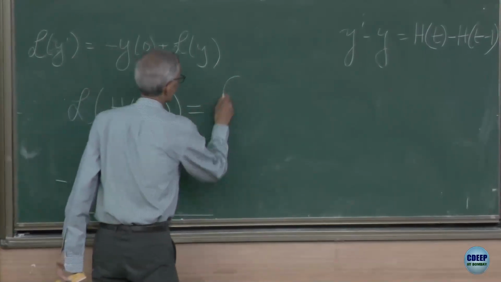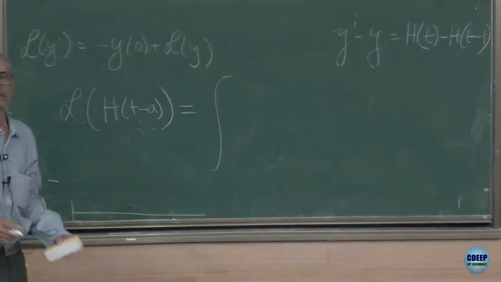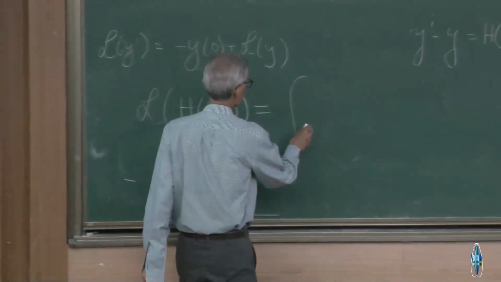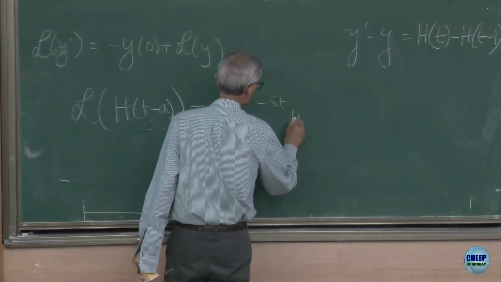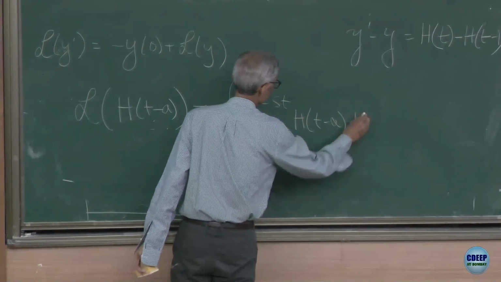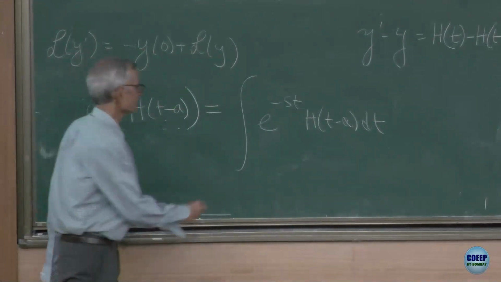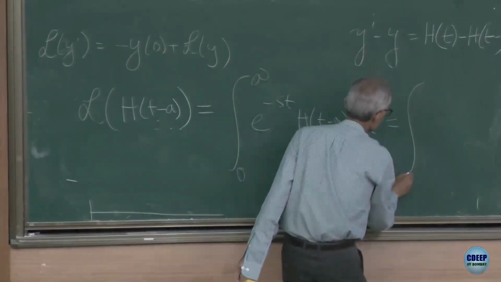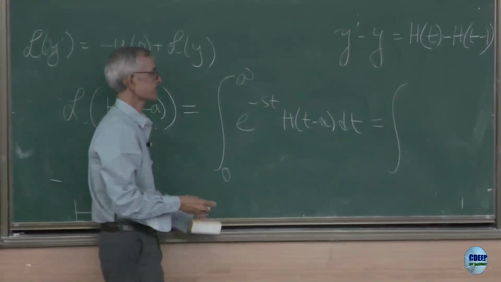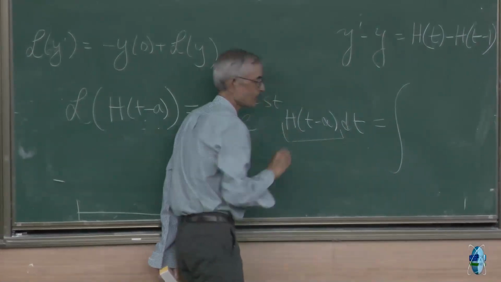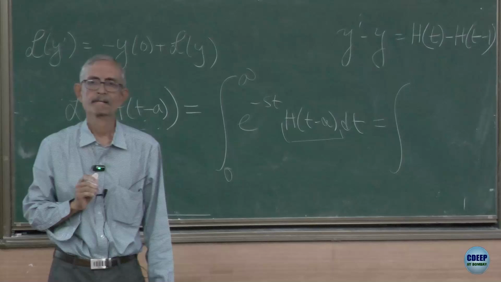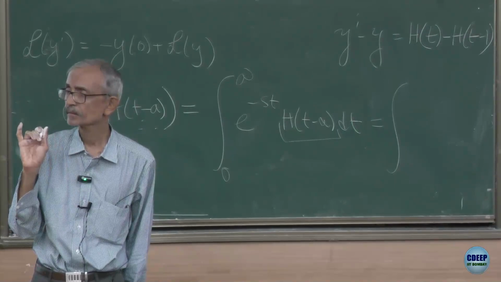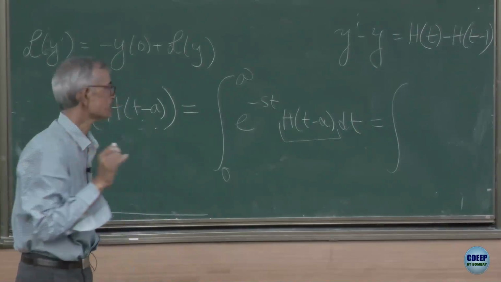Once again, when you want the Laplace transform, you just have to go back to the definition: the integral from 0 to infinity of e to the minus st times h of t minus a dt. Now I want to get rid of the Heaviside function. How can I do that? By changing the limits, right?